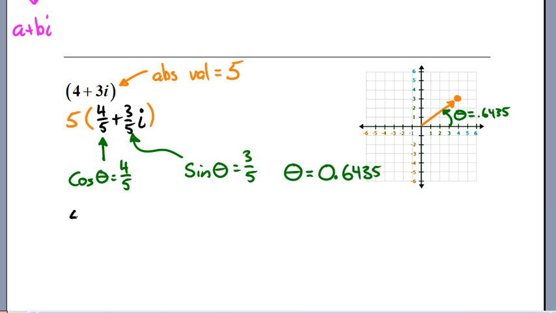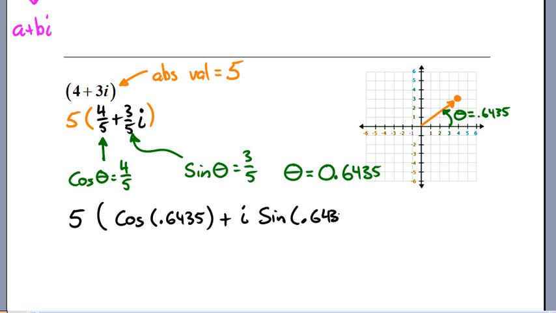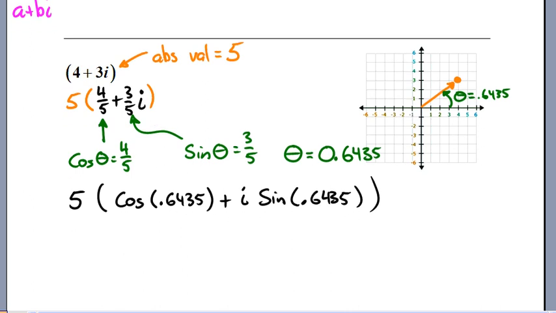I could say, hey, this is 5 times cosine of 0.6435 plus i times the sine of 0.6435. Well, why write it in such an ugly way when you can just do Euler's game, but backwards?